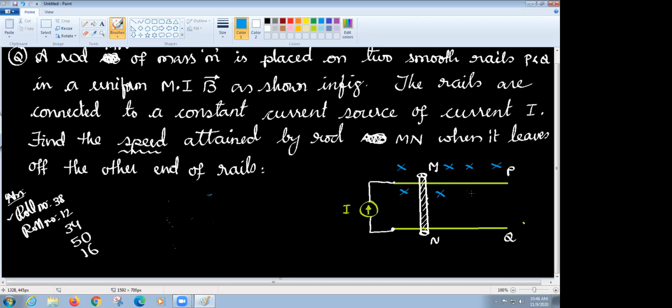I'm just showing here: the cross indicates magnetic induction is into the board. Who can solve this question?